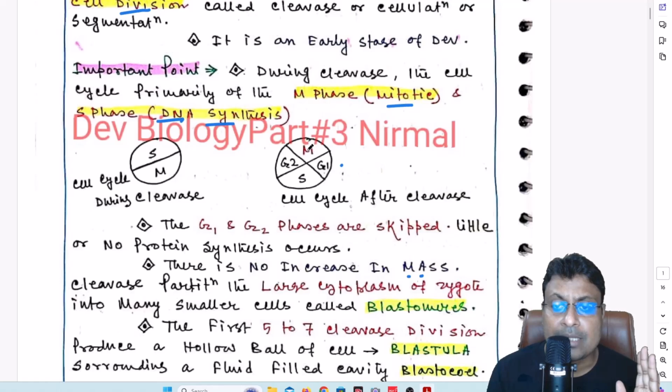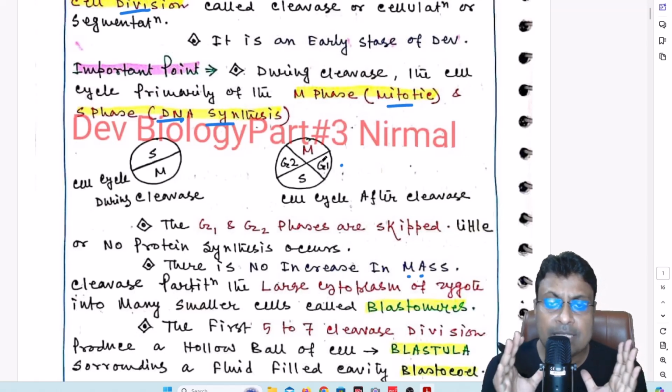But during cleavage a special kind of cell cycle can be seen. Only S phase and M phase can be seen during cleavage, and no G1 and G2 phase. Since no growth occurs in the resulting cells, the cells become smaller and smaller during cleavage. The result of cleavage is the formation of the morula.